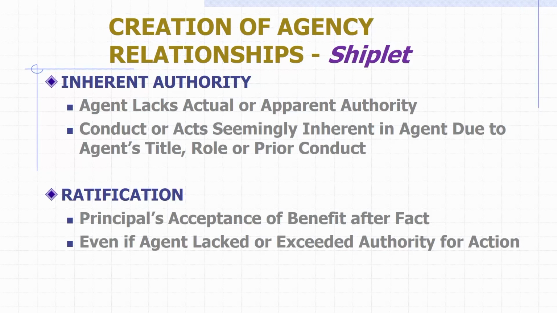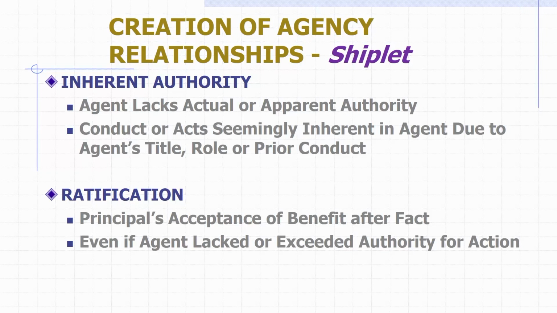What has the role been for that party? Have they taken on that role of being not just the person who cleans up the trash, but does a lot of other things and fixes up things around the apartment building? Or prior conduct, right? What if in the past you've asked them to assist and they've done these things? So it could be inherent authority, another form of agency authority.